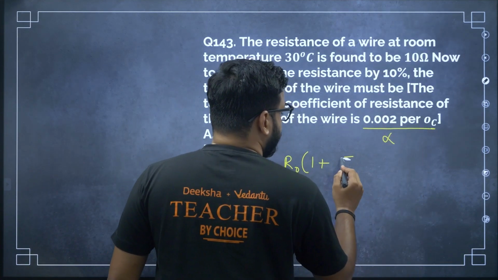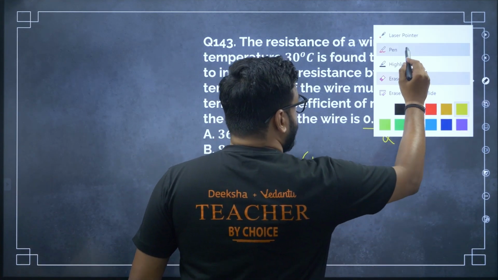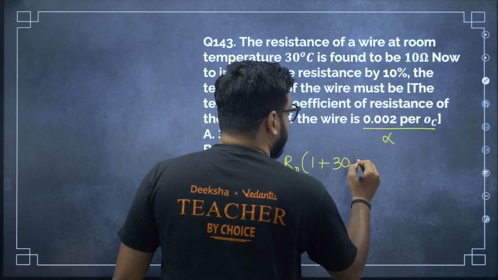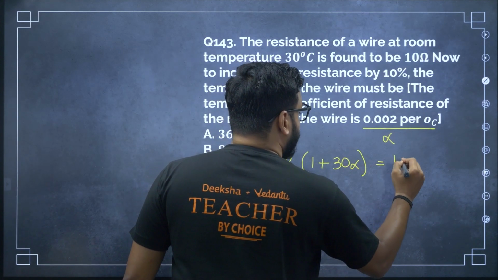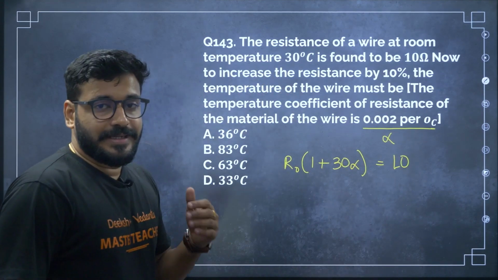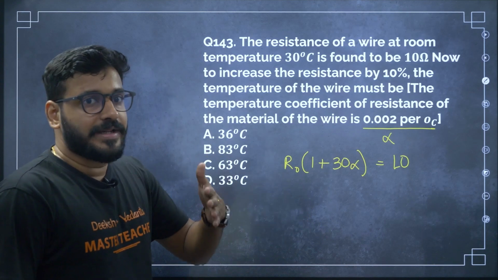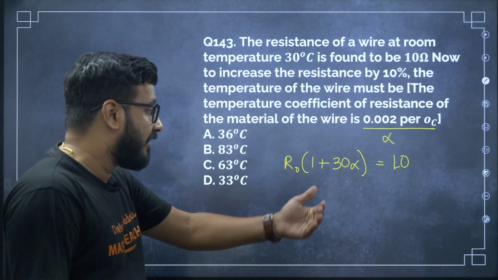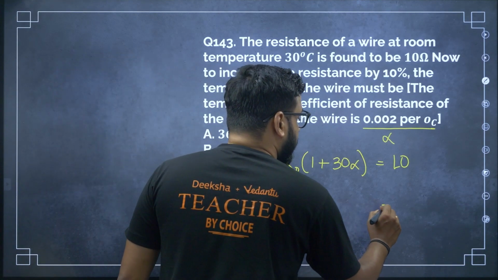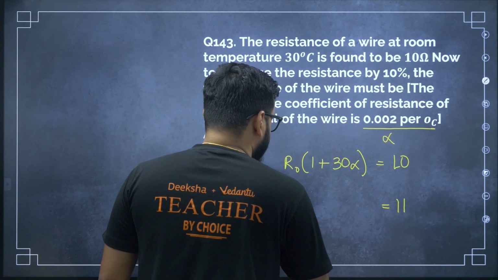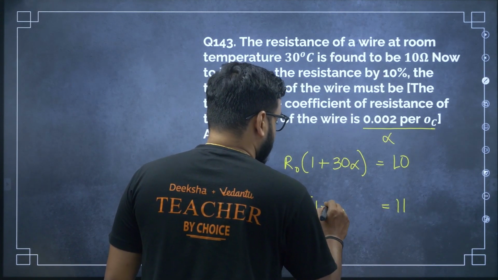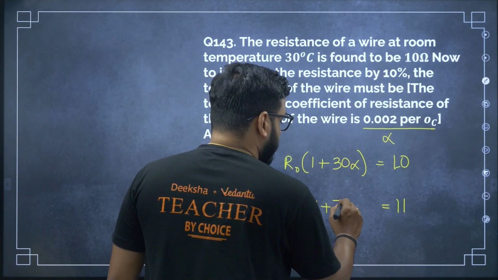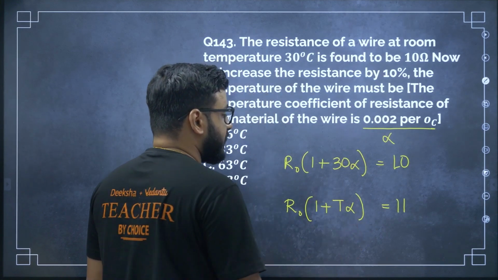Let's write it directly so that we don't waste a lot of time explaining this. R naught into 1 plus 30 alpha is equal to 10 ohms, correct? So when you increase 10 ohms by 10%, 10% of 10 is 1, so it becomes 11 ohms. When it becomes 11 ohms, what is the temperature? Once again the same formula. This time I don't know the temperature, so I'm just writing it as T.